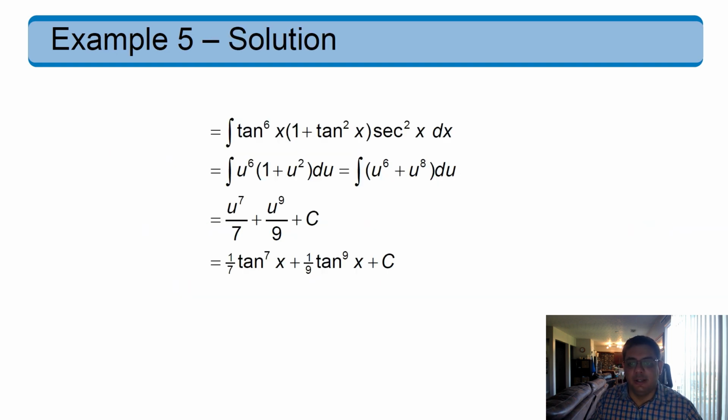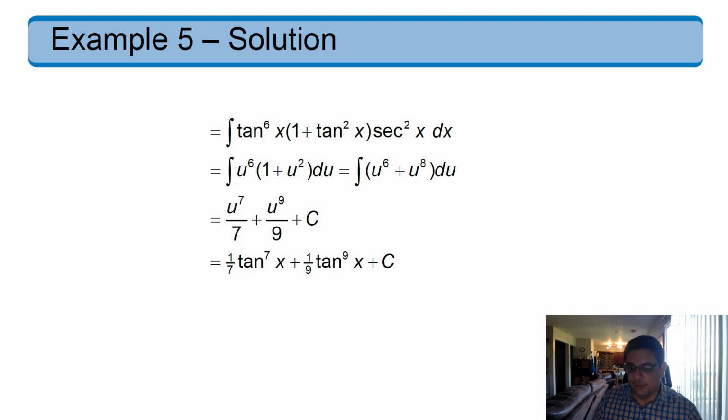So with that in mind, let's convert the other secant squared to 1 plus tangent squared of x. And so now, if we make u equals tangent, we have u to the 6 times 1 plus u squared times the du. And so this becomes a simple power integration where we have u to the 6 plus u to the 8.